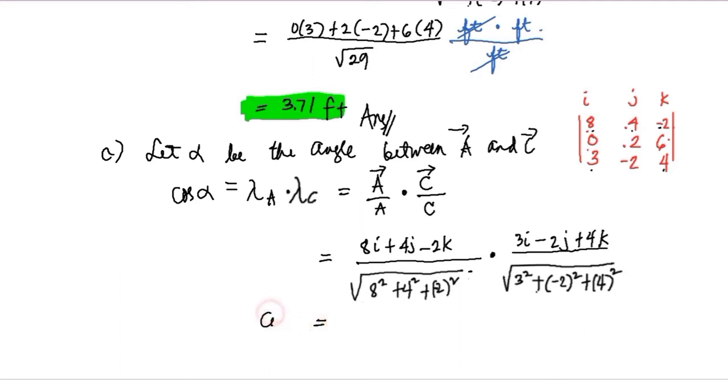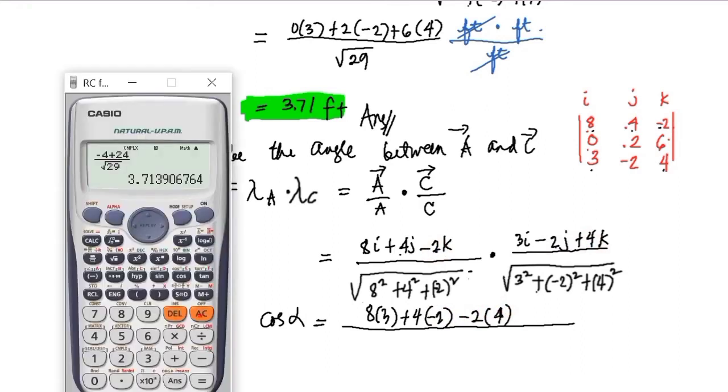So computing for this, we have the cosine of alpha is equal to the dot product. We have 8 times 3, then 4 times negative 2, and minus 2 times 4. And for the magnitude of A, plus 2 squared, and that is just equal to 2 square root of 21.